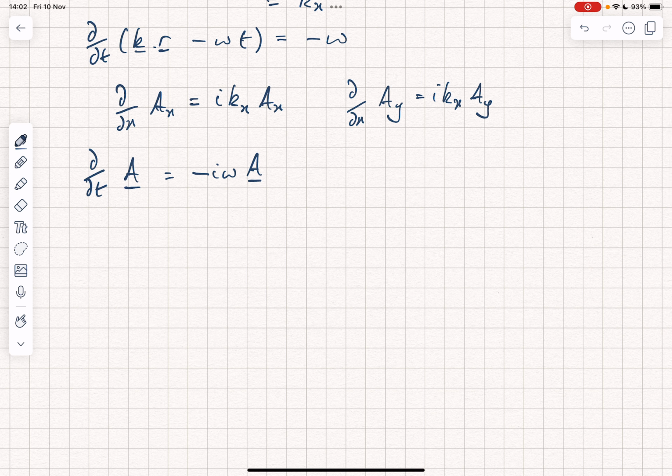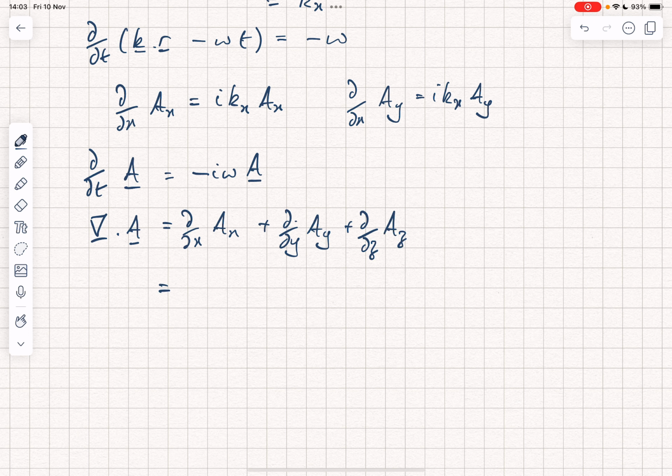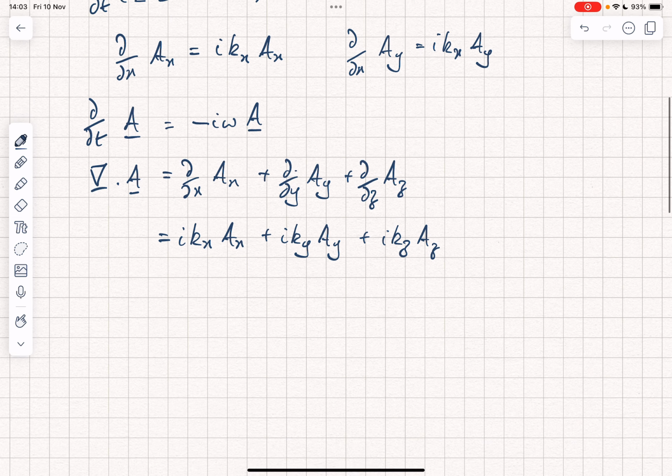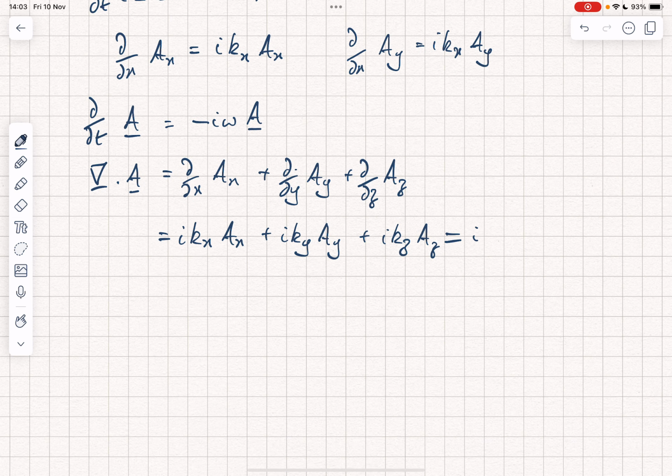Similarly, we could say that the divergence of A, which is going to be d by dx of Ax plus d by dy of Ay plus d by dz of Az is equal to i kx Ax plus i ky Ay plus i kz Az, and that of course is just equal to i k dot A.